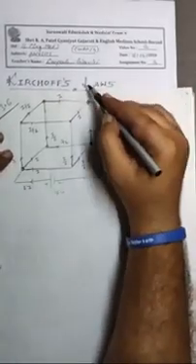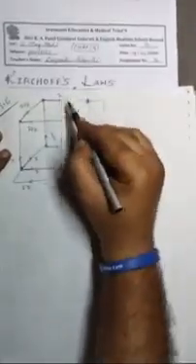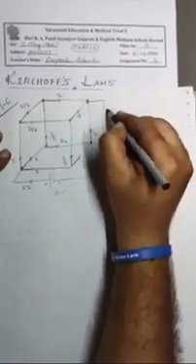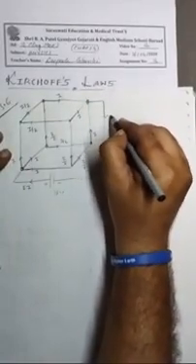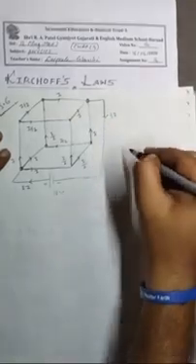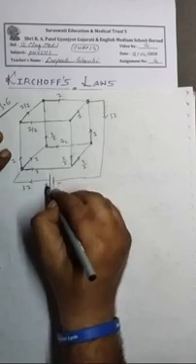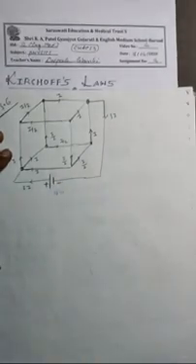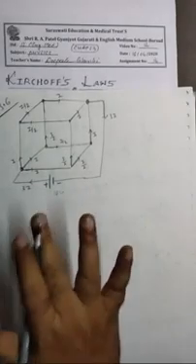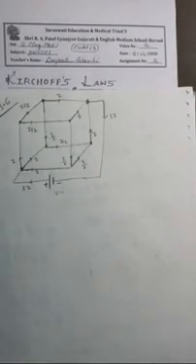So, according to Kirchhoff's first law, it is 3I, again to the negative terminal of a battery. Okay? So, by this way, you can distribute electric current with the help of Kirchhoff's first law.